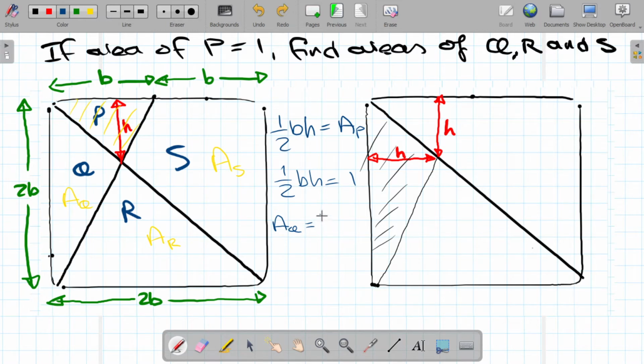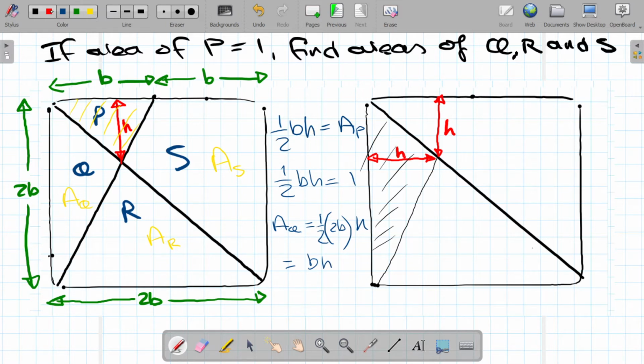So it's a half of 2B times H, right? A half of 2B times H. And so that comes out to be equal to B times H. But that's not a numerical value. How do we work out what BH is? We still don't know what B is, and we still don't know what H is.